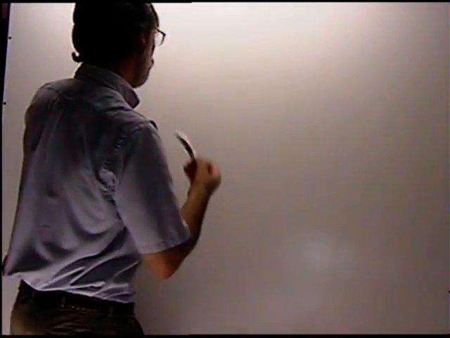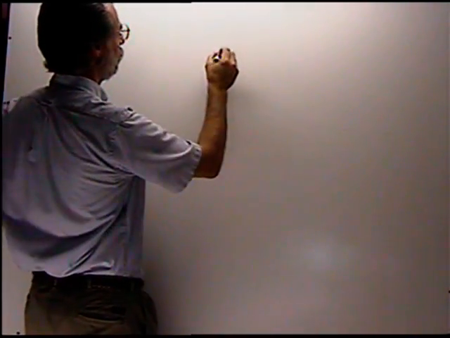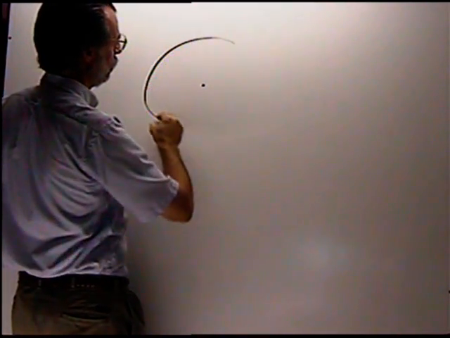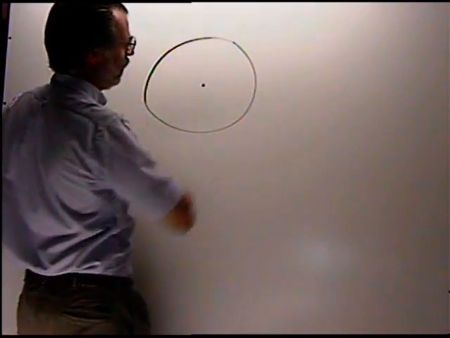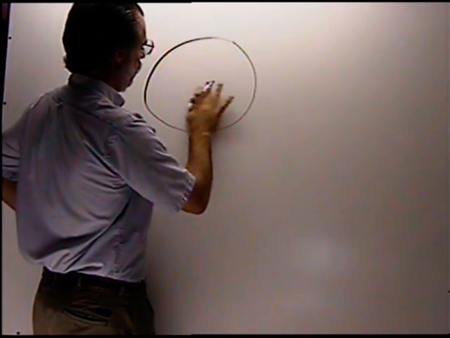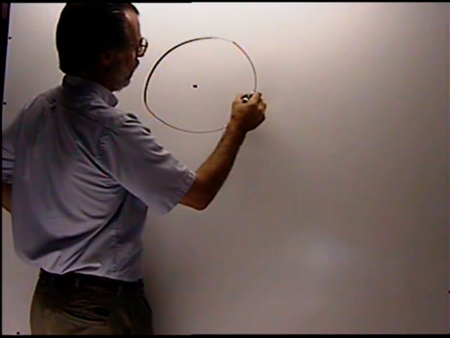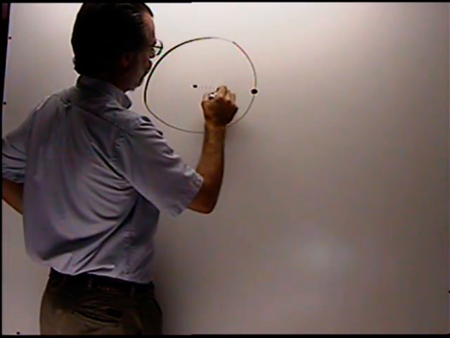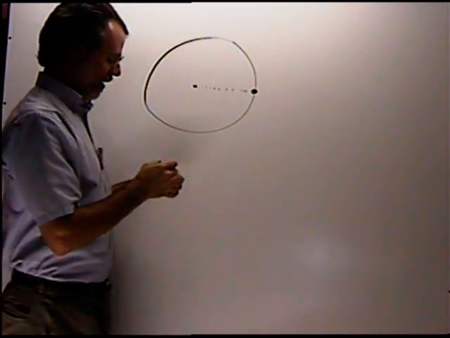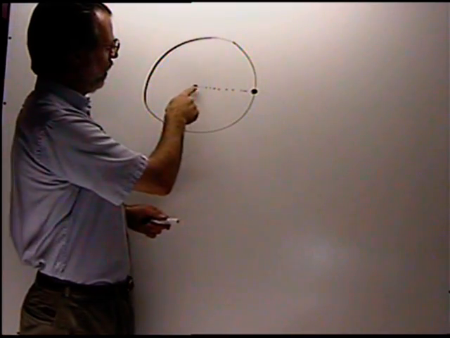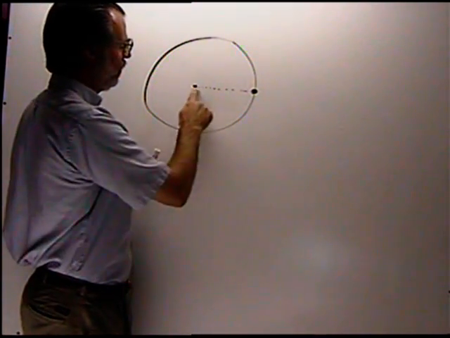Okay, if we have circular motion, suppose we have an object, and here's the center, and we have a mass here, and there's a string here, and we're flinging this thing around in a circle.